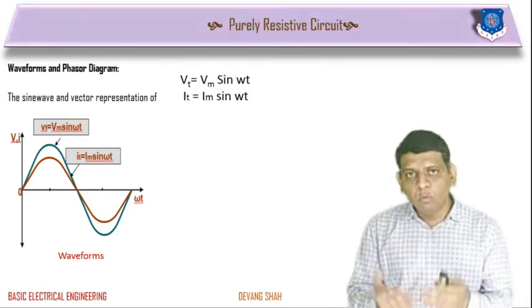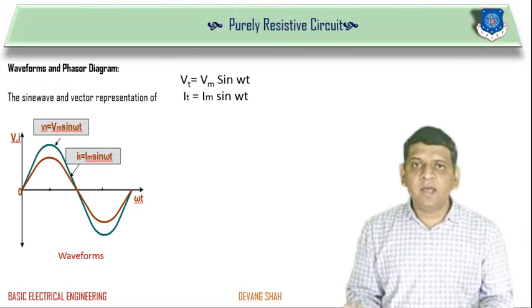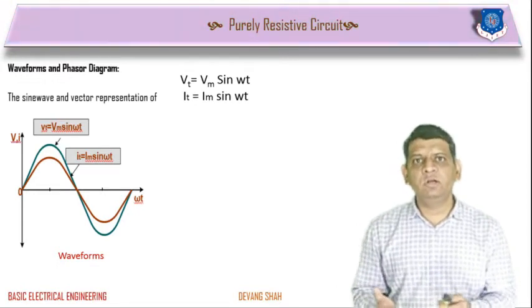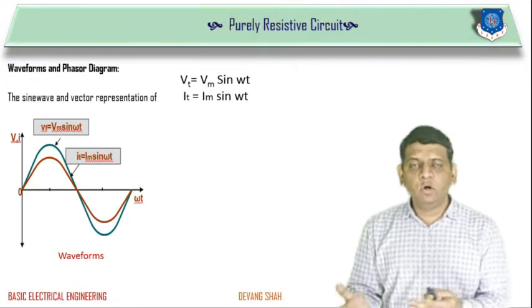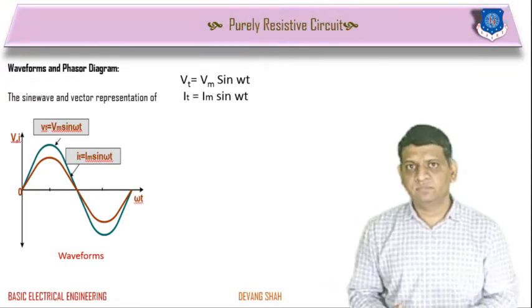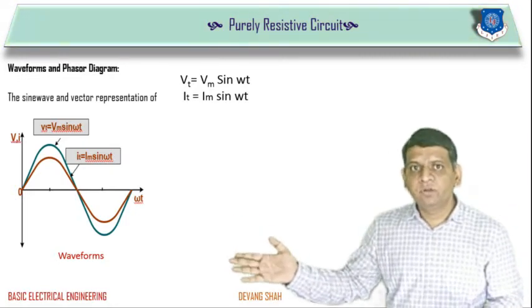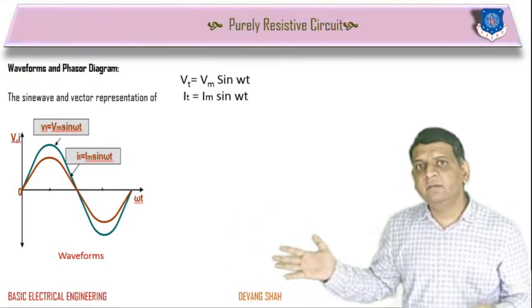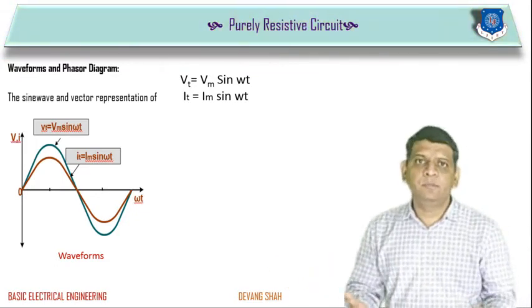Both the voltage and current start at angle 0 because the phase difference between them is 0, so voltage and current are in phase. The sinusoidal signals start at angle 0, and this is a complete cycle of 2 pi, and the signal continuously repeats.